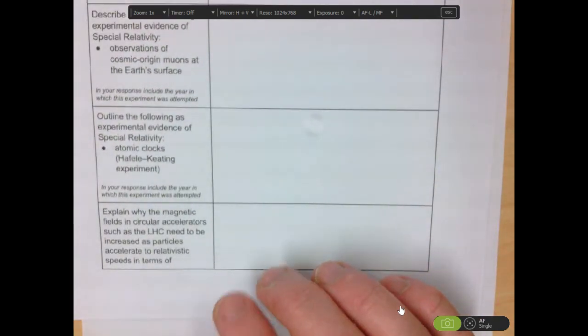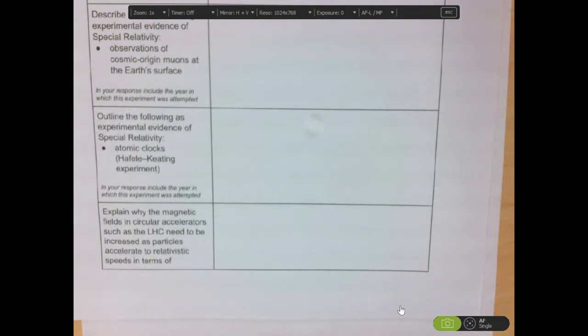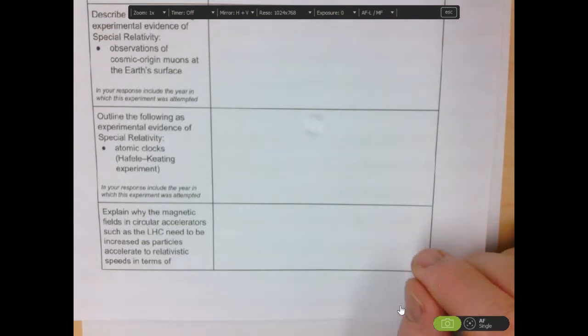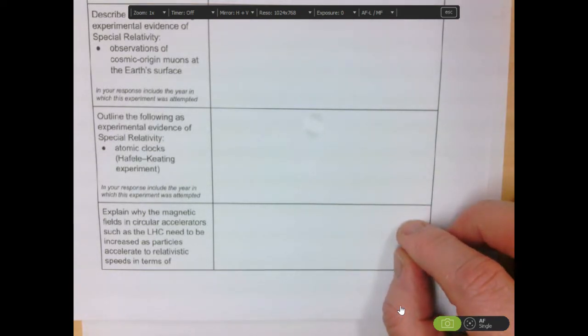Third piece of evidence is the accelerators. As part of the worksheets that you have been completing, one of the worksheet questions was as we accelerate protons and electrons to near speeds of light in Large Hadron Colliders and other accelerators, we need to adjust electric and magnetic fields to take into account relativistic momentum.